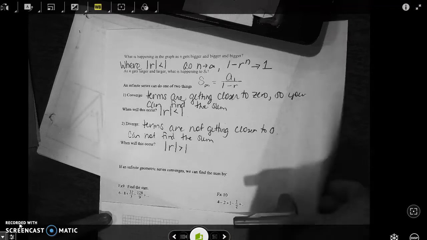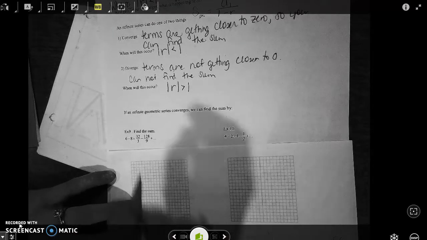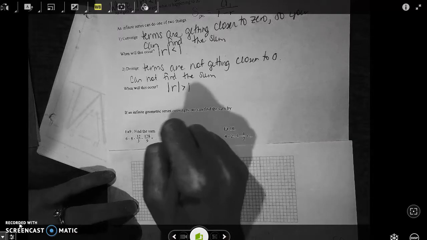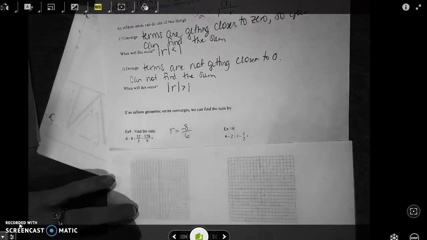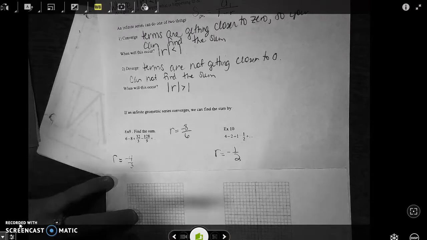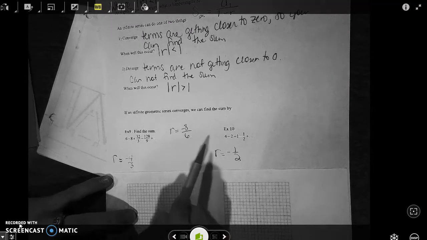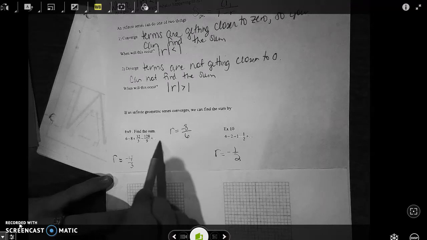So our first says -6, -8, -32/3, and so on. Remember, to find r, you can take one term and divide it by the previous term. So that gives us r here is -4/3. Now, are the terms themselves getting closer to 0? Well, you can see that they're not.